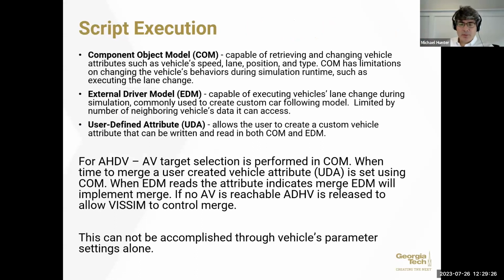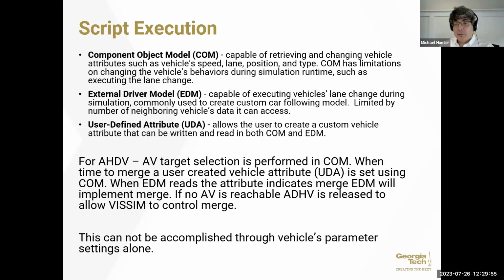This takes, as Prithvi already mentioned, a few components that we have to work with. We're using the component object model, the COM, and the external driver model. You have to use the COM because it's capable of looking at all the attributes. You can get vehicle speed, lane position, type, essentially the objects of your VisSim simulation model. Although it does have limitations: it can read most objects, but it cannot write to most objects, and the limitations are greater when you're in runtime.